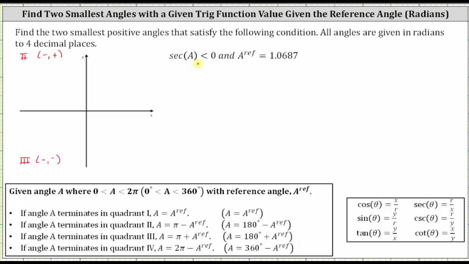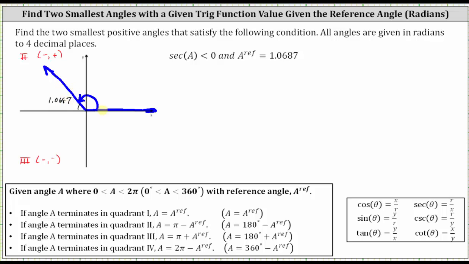And because we're looking for the two smallest positive angles that satisfy the given condition, the smallest possible positive angle would have the initial side along the positive x-axis and the terminal side in the second quadrant, and therefore this should be the smallest possible positive angle, where the reference angle is 1.0687 radians, which is the angle between the terminal side of the angle and the negative x-axis, this angle here, 1.0687 radians.